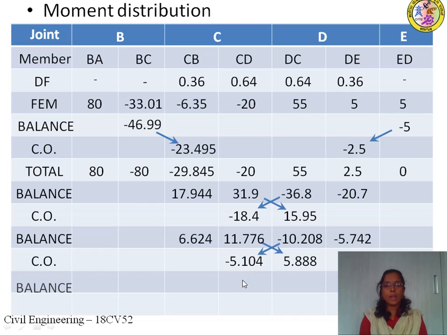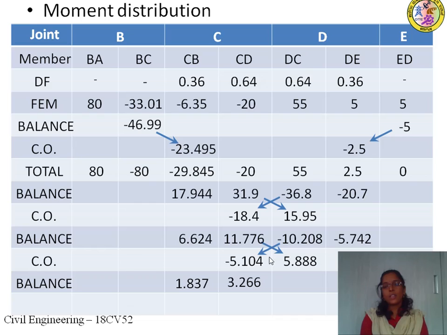Again go for balancing. Okay, so balancing joint C is imbalanced by minus 5.104. Therefore balancing moment will be plus 5.104. So 5.104 into 0.36 will be equal to 1.837, and 5.104 into 0.64 will be equal to 3.266.